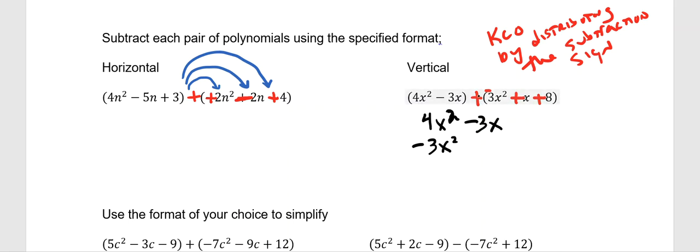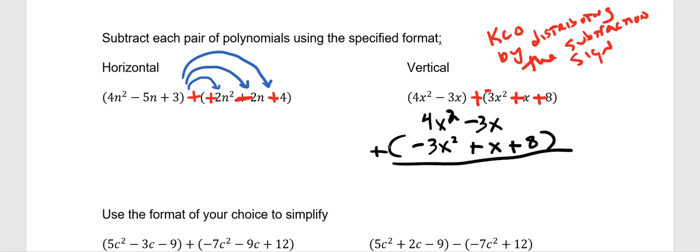Because this was minus x as subtracting negative x, I changed to plus positive x. And then because this was minus negative 8, we're going to turn it to plus positive 8. And when you're ready, you're just simply going to add your terms, okay?